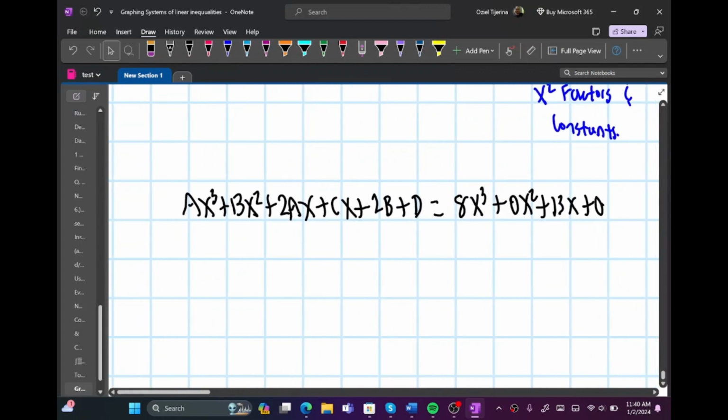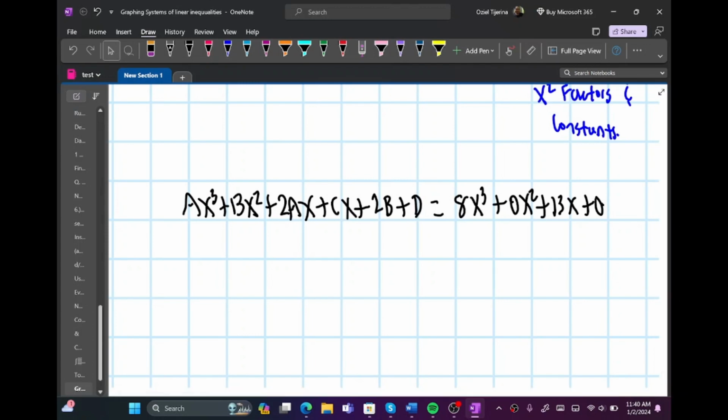Now, let's go ahead and factor the x's from each part here. So we're going to factor certain things out. If you notice, guys, there is an ax cubed here. We're just going to put everything aligned here.